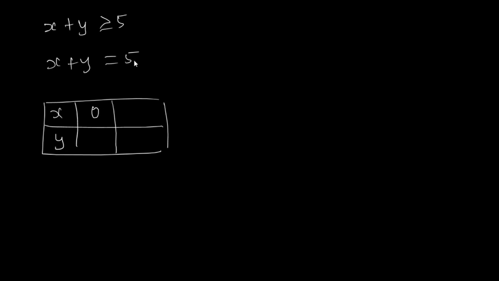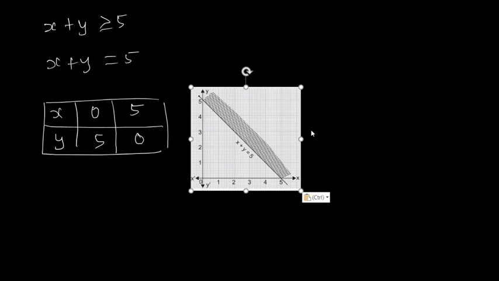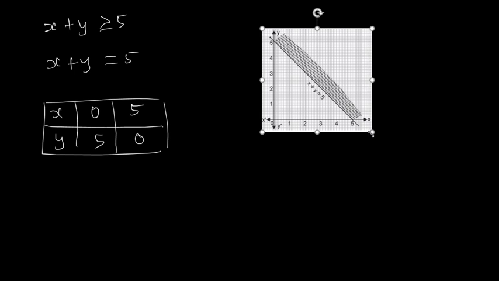What is the value of y? y will be 5. Put y is equal to 0. What will be the value of x? That will be 5. Now we can draw the graph. So this is the required graph.